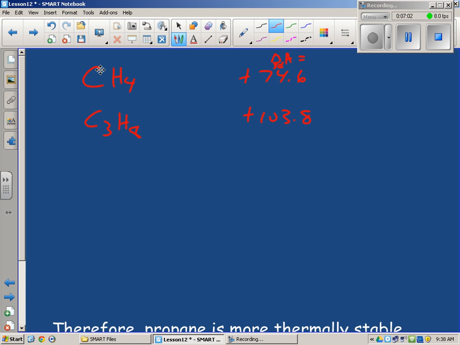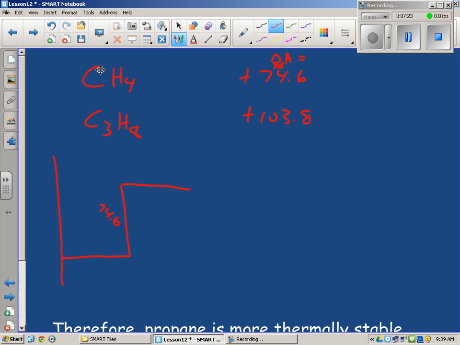Why? Because if you compare potential energy diagrams, the reactants start here. You'd have to start with CH4.